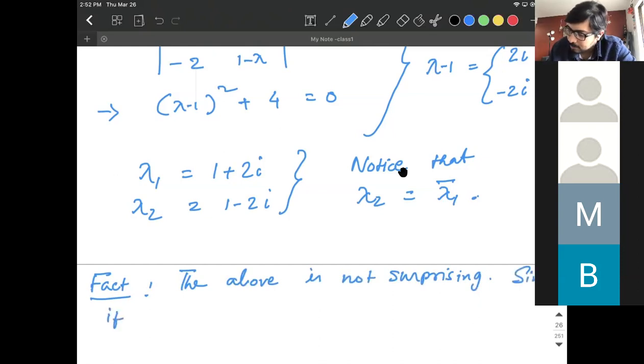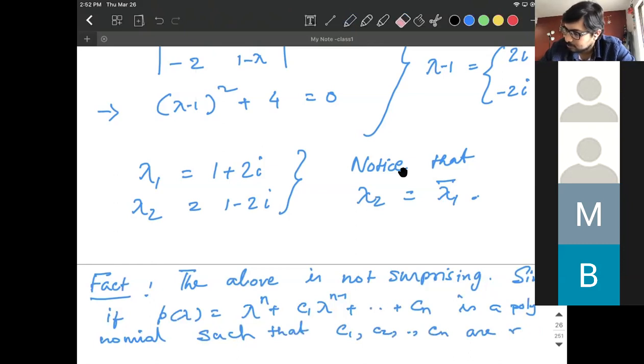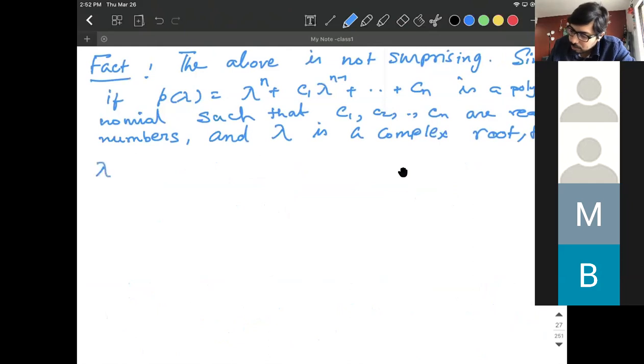since if, let's say, p of lambda equals lambda to the n plus c1 lambda to the n minus 1 plus up to cn is a polynomial such that, and this is important, c1, c2 up to cn are real numbers, and lambda is a complex root, then the conjugate is also a root of p of lambda.